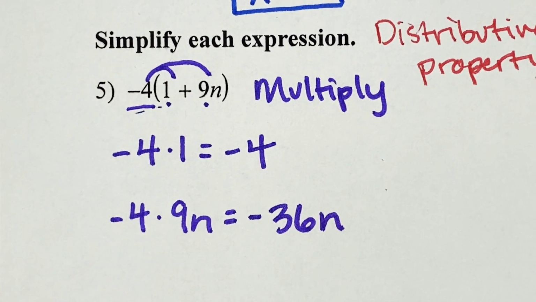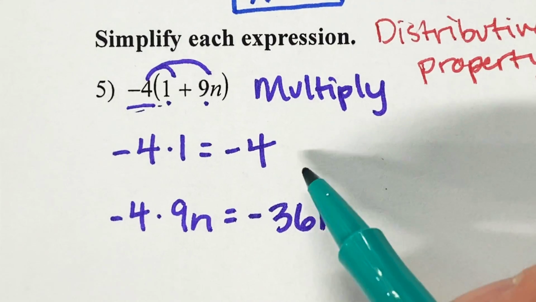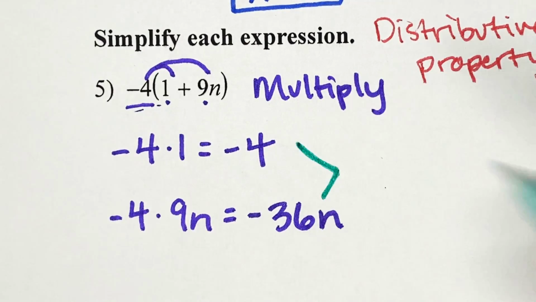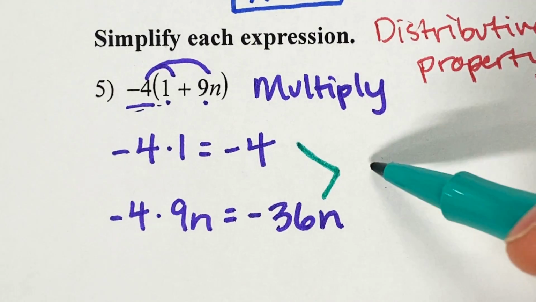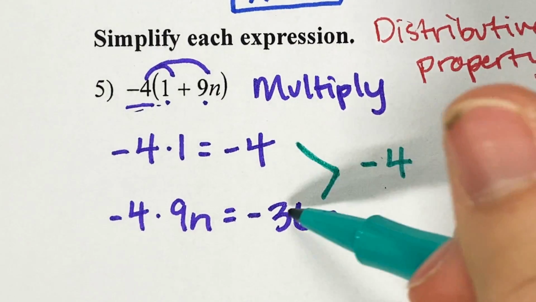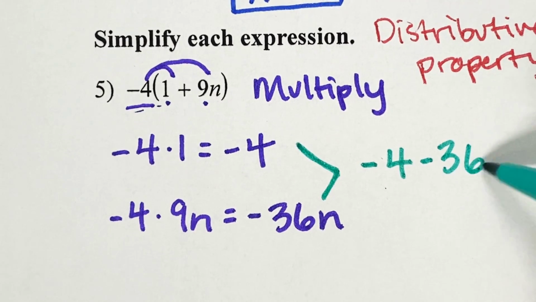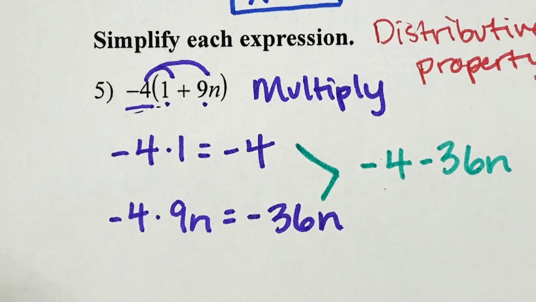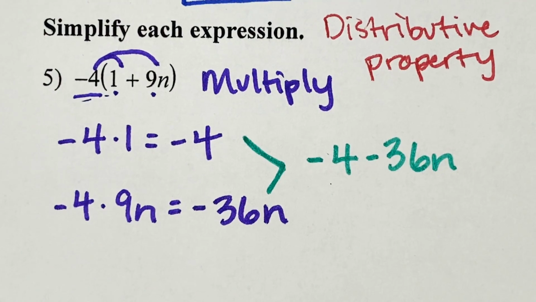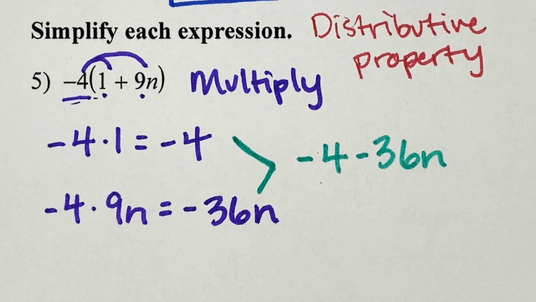So now we need to rewrite these by combining them. These are just pieces of our expression. So we're going to write negative 4 minus 36n. And our very last thing is to check and see if we can simplify any more.